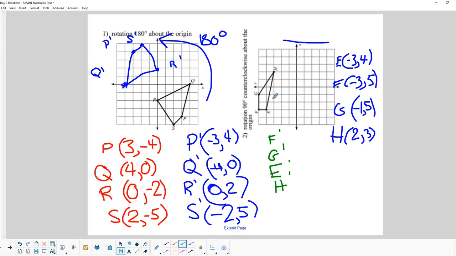So F prime is negative 5, negative 3. G prime, negative 5, negative 1.